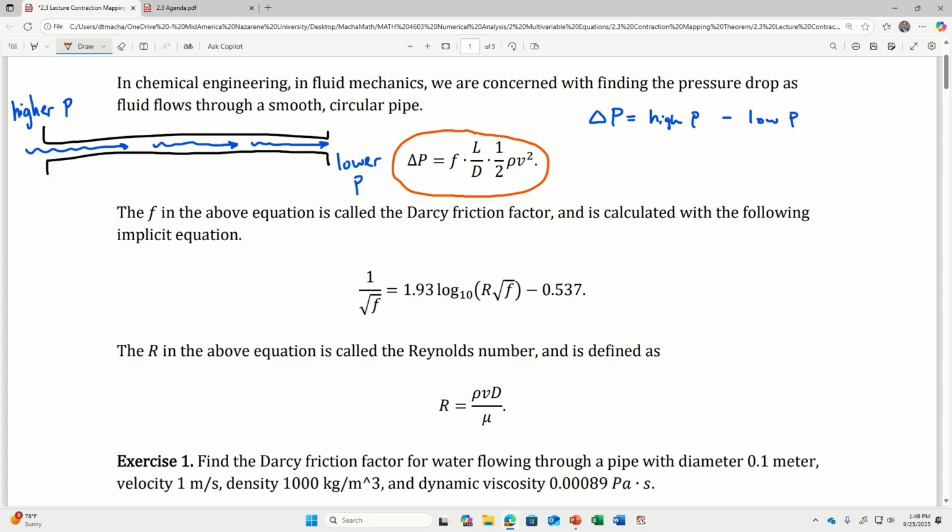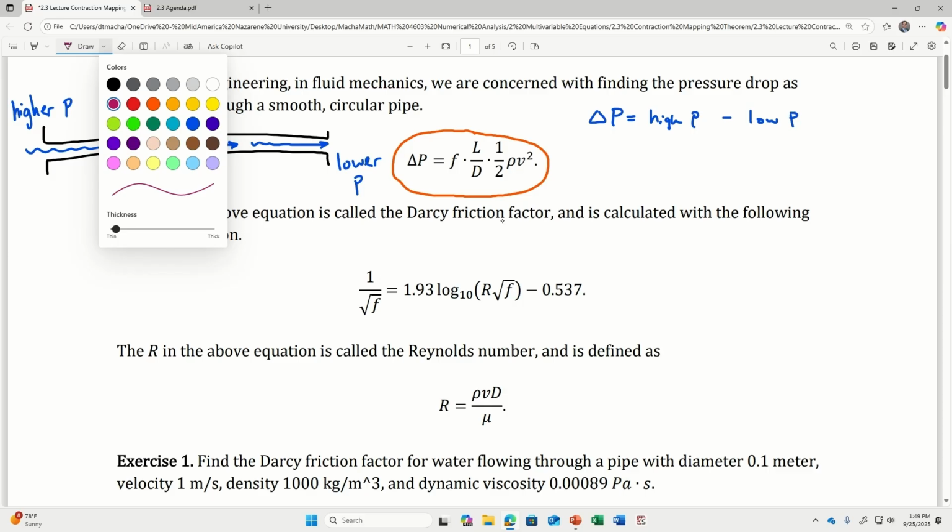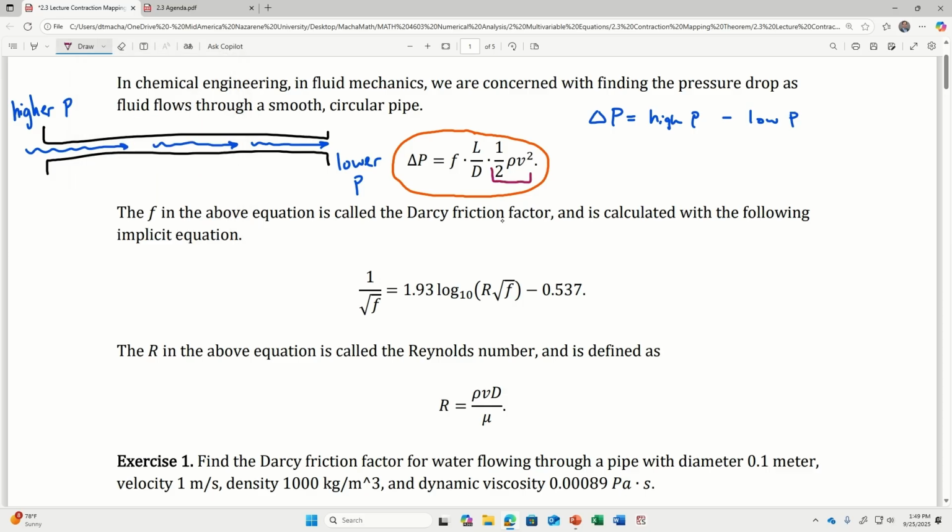If you were to track one of the molecules, what's its average velocity moving through the pipe? That would be your lowercase v. The very end of this equation might seem familiar to you: 1/2 rho v squared. It should look like something from physics.